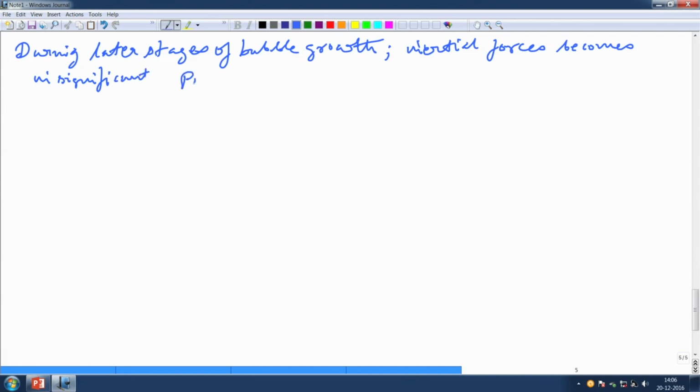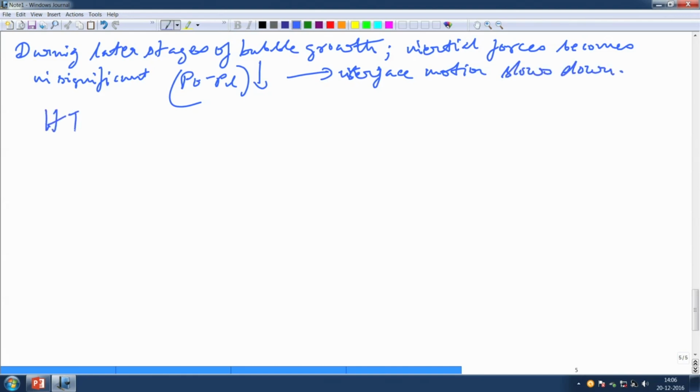So, as the pressure PV minus PL goes down, the interface motion slows down. So, therefore, heat transfer becomes the process that limits bubble growth.